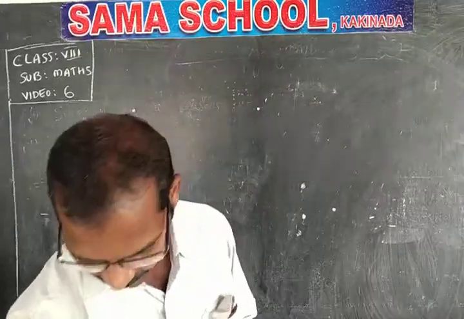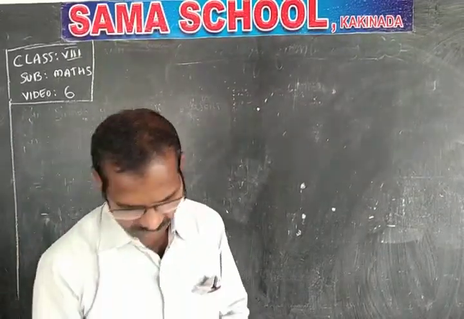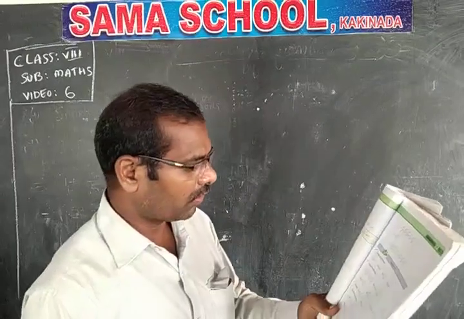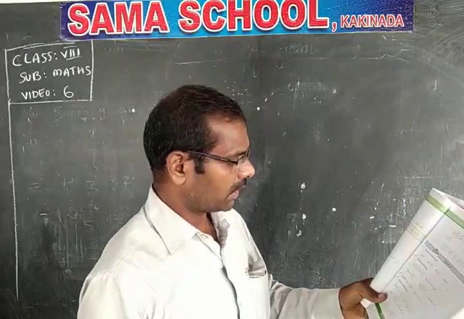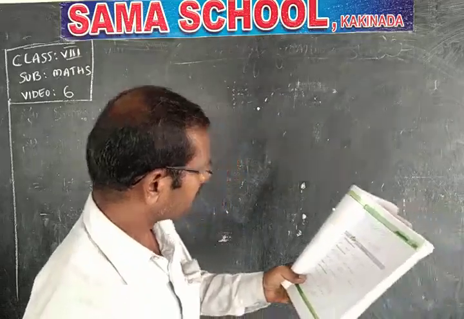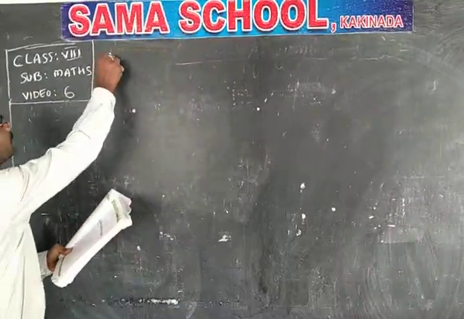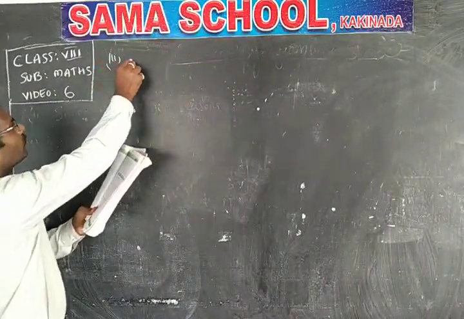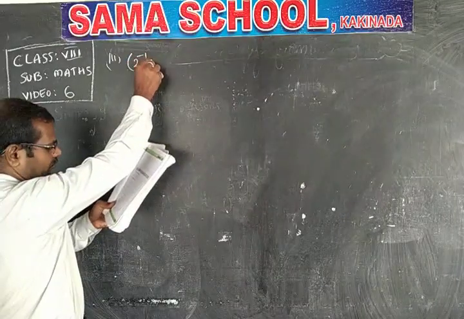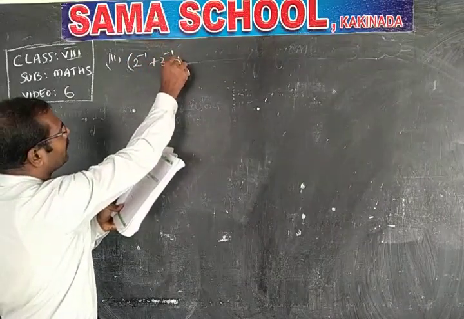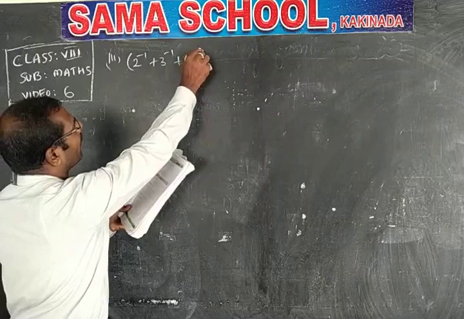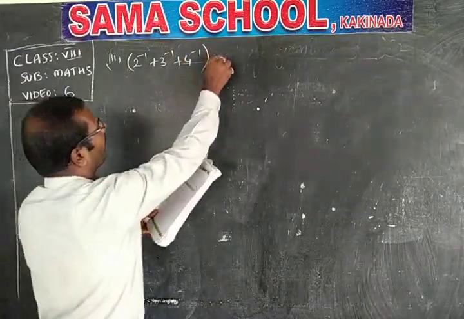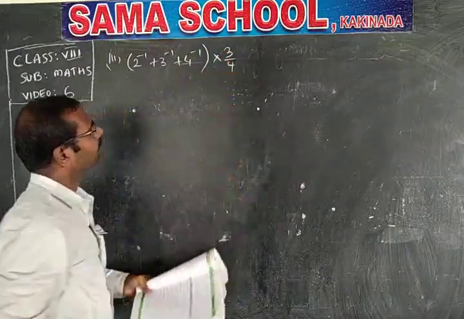Next one is the third sum. I will explain now. What is the third sum? 2 power minus 1 plus 3 power minus 1 plus 4 power minus 1 into 3 by 4.